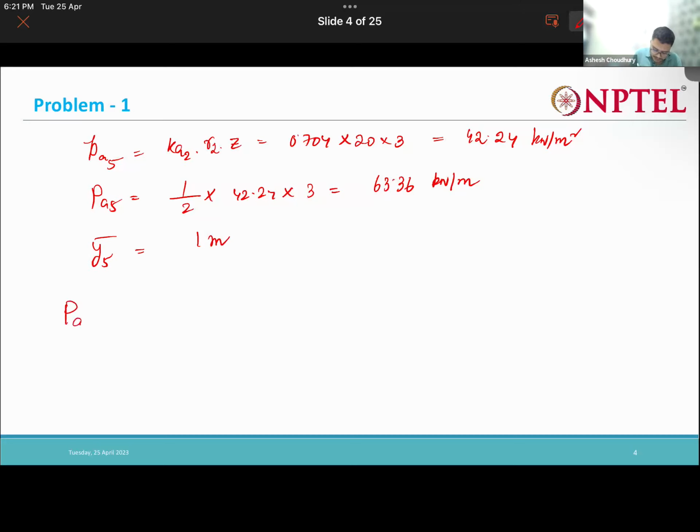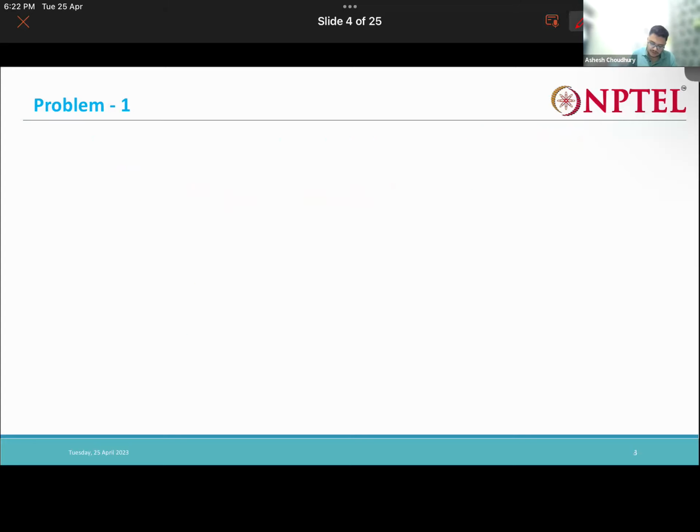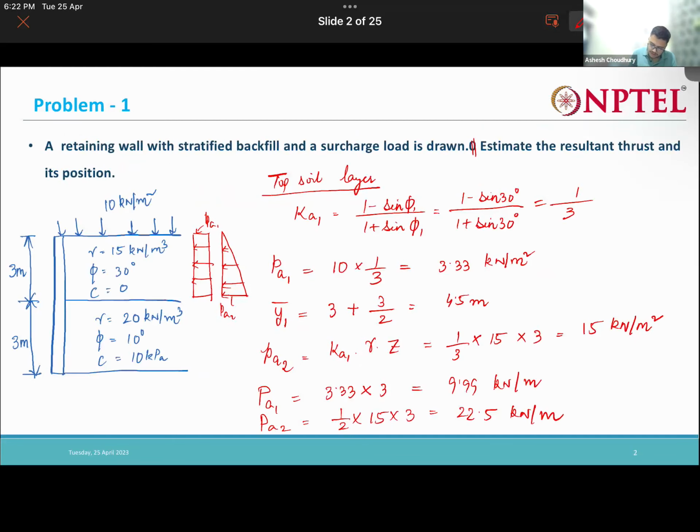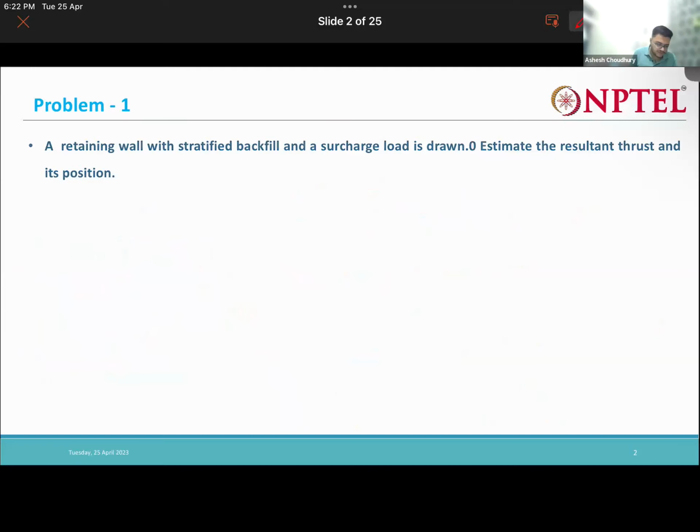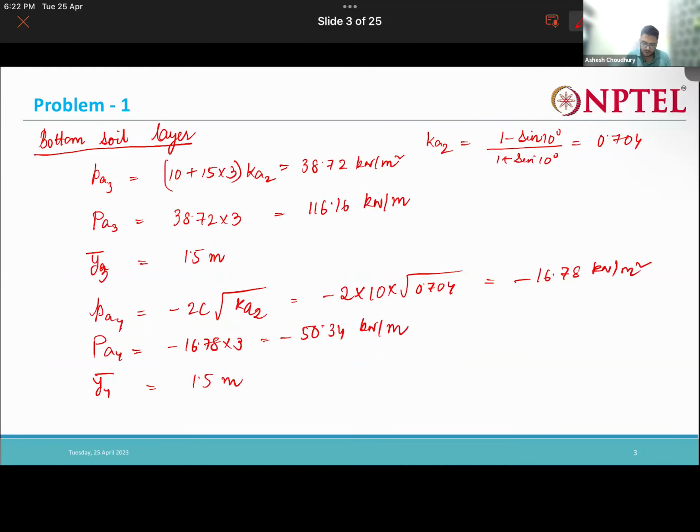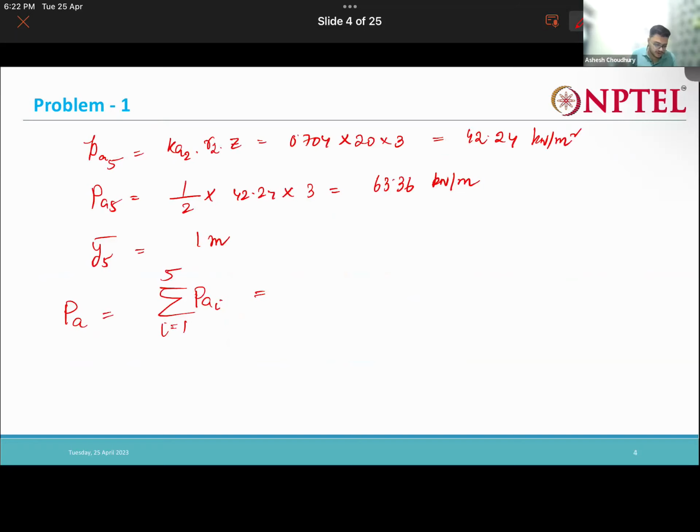So total PA is nothing but summation of PAi, i from 1 to 5. If we add all these things, 10 plus 22.5 plus 116.16 minus 50.34 plus 63.36, we'll get the total as 161.66. So kindly check all these values for yourself.